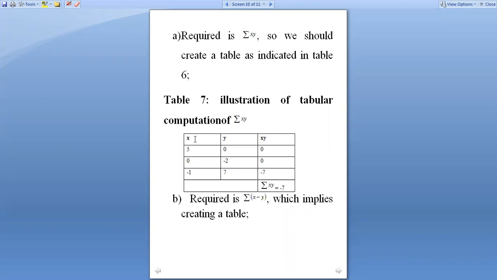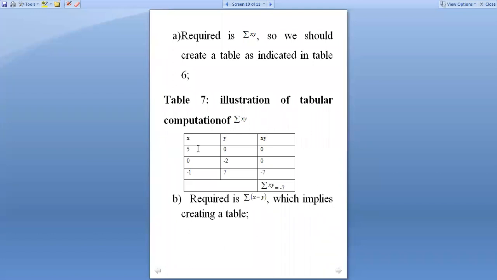In this table, the first column is of x and the next column is of y. We put the values of x as they were given: 5, 0, negative 1, and the values of y: 0, negative 2, and 7. Then xy, this means x times y.